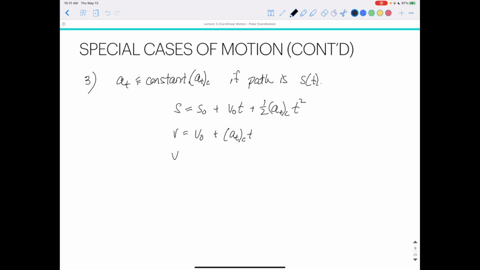And our third equation, velocity squared is equal to our initial velocity squared plus 2 times our constant acceleration times our current position minus our initial position. So we have our 3 equations of motion. Here S0 and V0 are the initial position and velocity when t is equal to 0. They are initial conditions, we'll say.